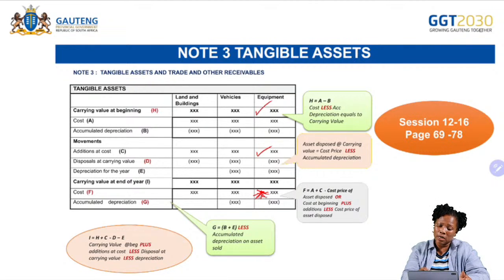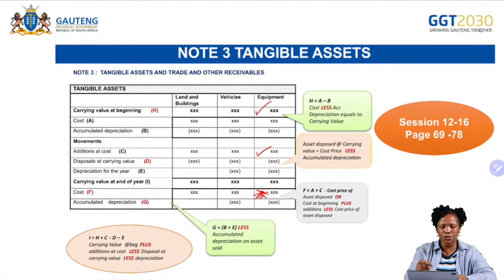I hope I'm loud and clear. And anything that you take out when you're dealing with cost must be at cost. Even if you decide to open up your ledger account, you will still take everything at cost.